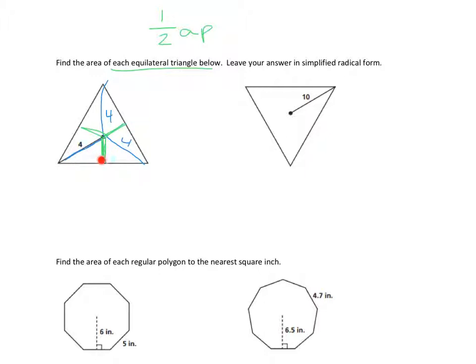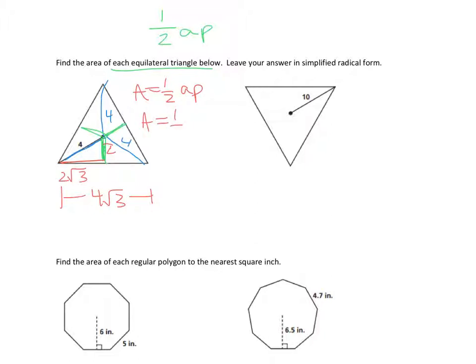But this is going to make a 30, 60, 90. So this side is 2. It's a short side. And so this part right here is 2 root 3. So all the way across is 4 root 3. So I'm going to do area equals 1/2 the apothem times perimeter.